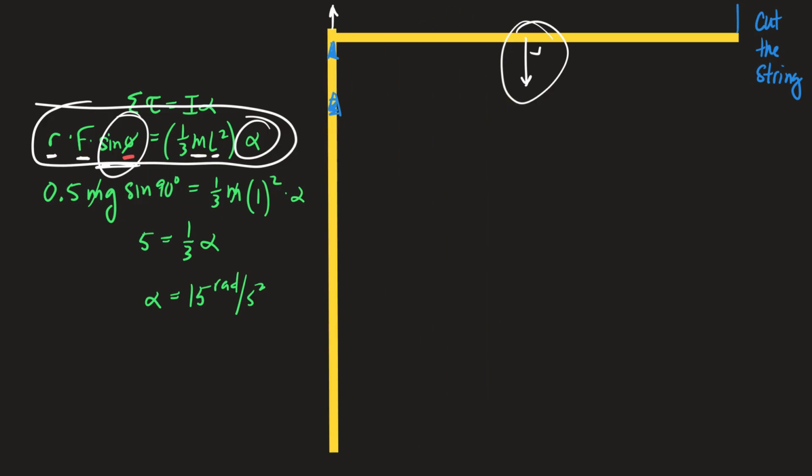So I'm going to take the meter stick and turn it so it's at its lowest position. When it's at its lowest position, it's got some angular speed. The question is, what is the angular speed when it makes it through its lowest position?